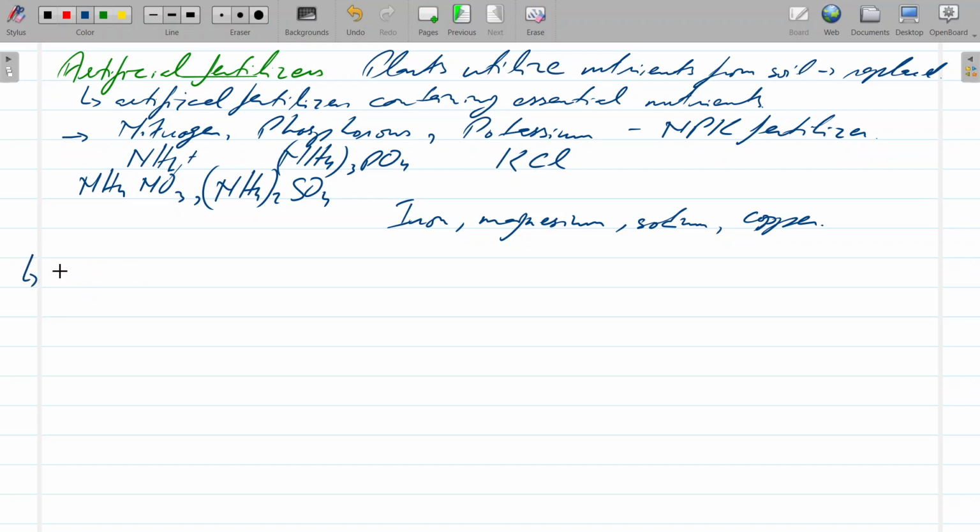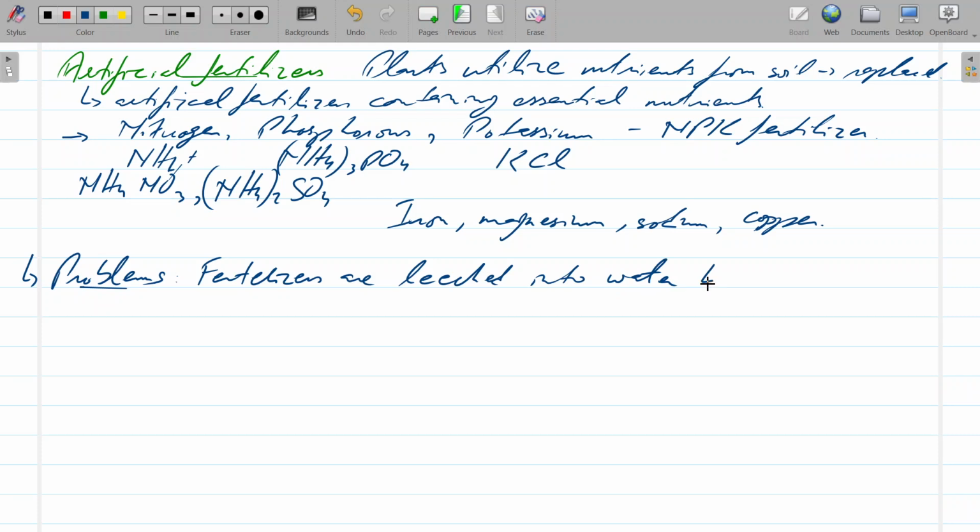Now, problems: because they are artificially rich in all of these nutrients, if and when fertilizers are leached into water bodies, so when fertilizers are washed away with rainwater or some other way into a nearby stream or river or lake, that dramatically increases the concentration, the levels of these nutrients in the water.